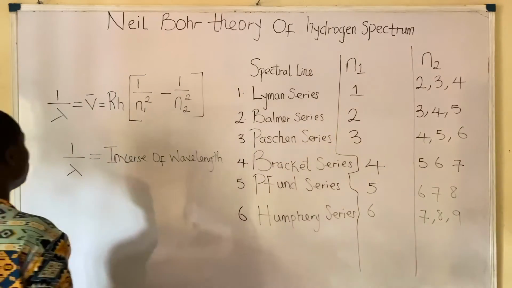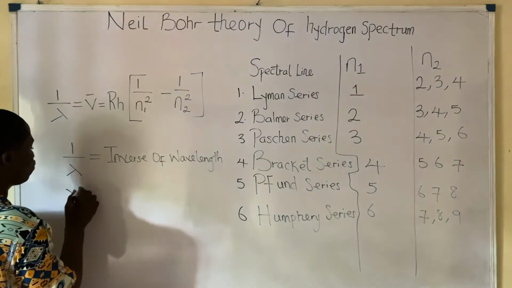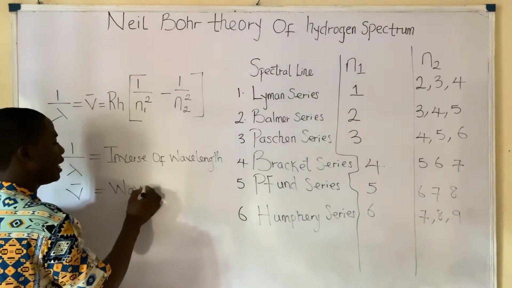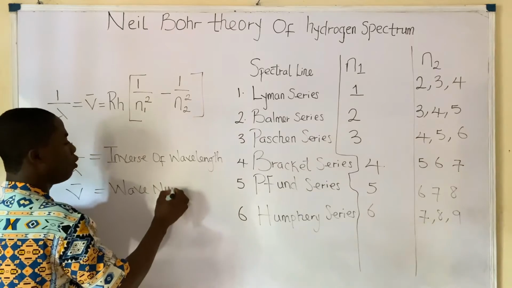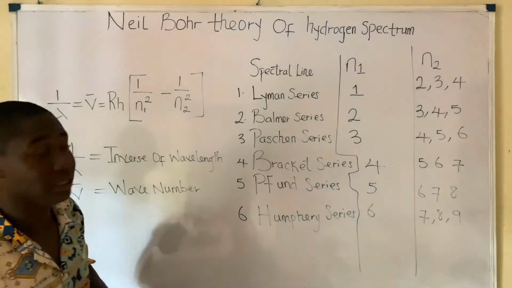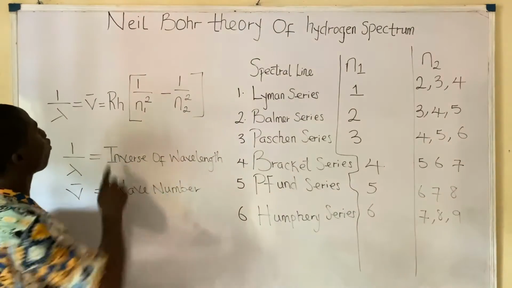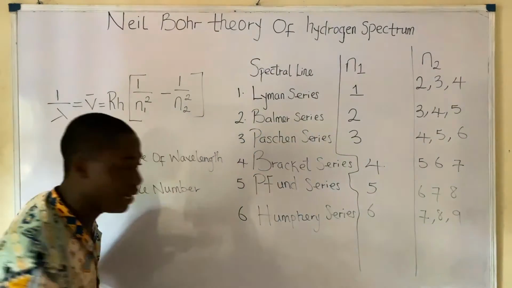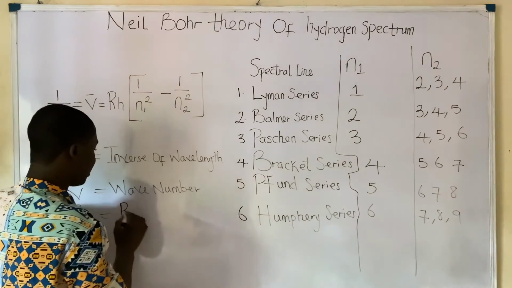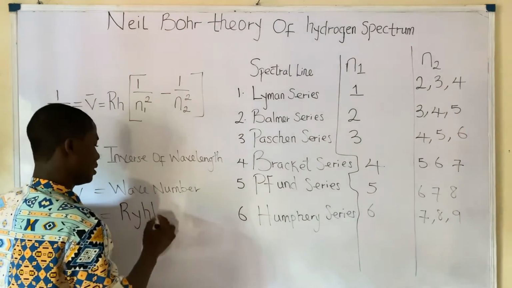So the next thing we'll do, now it must be noted here that this one that is seen as V bar is called wave number. It is the same, okay? It is called what? Wave number. Both of these representations are the same. Now, for this one, which is RH, RH is basically called the Rydberg constant.